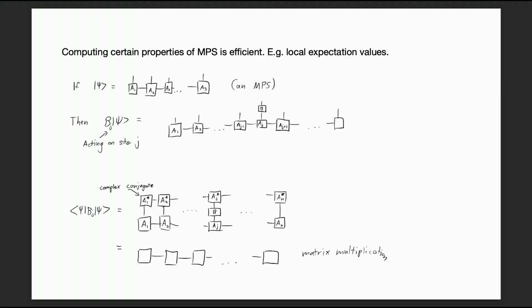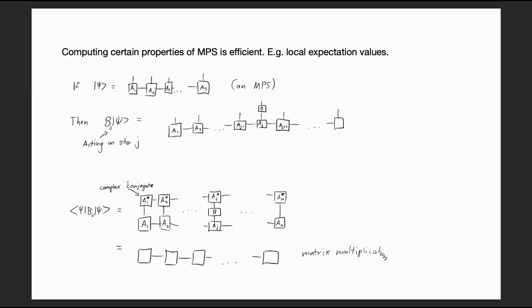Say we had an MPS like this, and we wanted to calculate the expectation value of this operator B on site J. The way you would operate on the matrix product state with this Bj is essentially to just contract the B tensor onto site J.